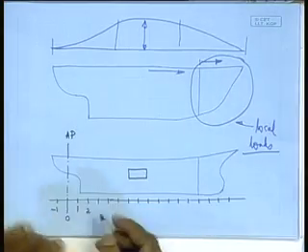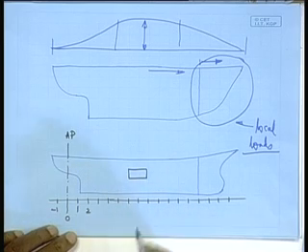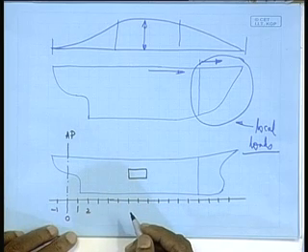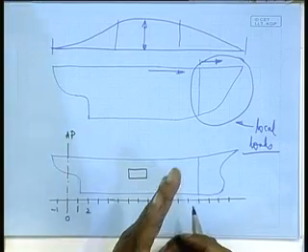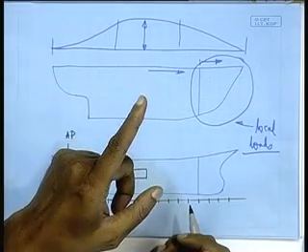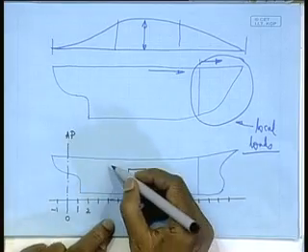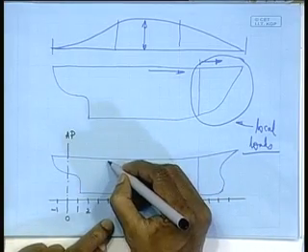So, once the frame spacing is chosen, what does that mean? The spacing between these lines I have drawn is, say, 800 millimeter. That means at every 800 millimeter, or every multiple of 800, there will be a stiffener. If the side shell is transversely stiffened, I will have a transverse frame at every frame position.